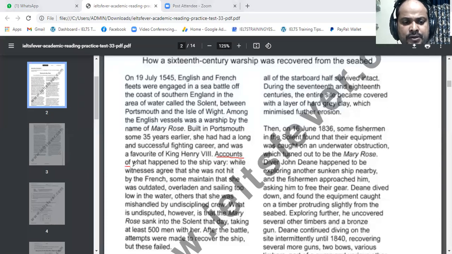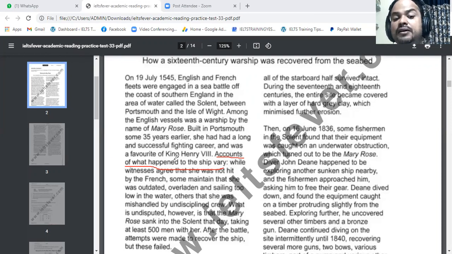Accounts of what happened to the ship vary. It means there is no clear cut decision there. While witnesses agree that she was not hit by the French, some maintain that she was outdated, overladen, and sailing too low in the water. Others say she was mishandled by an undisciplined crew.